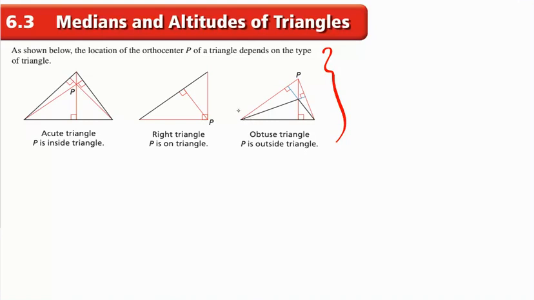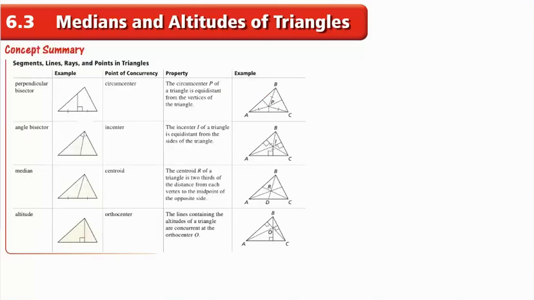So again, this is the obtuse triangle, and you see that the orthocenter is outside, and here is the right triangle, and the orthocenter is on the triangle itself, and the acute triangle has it on the interior.